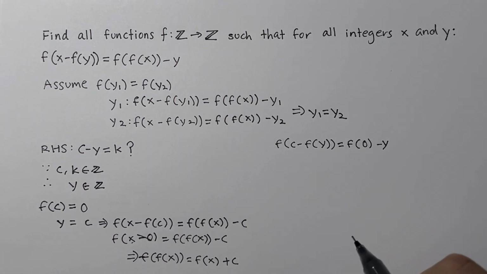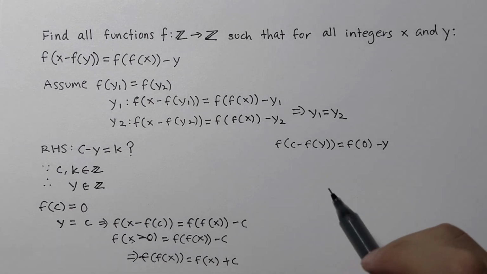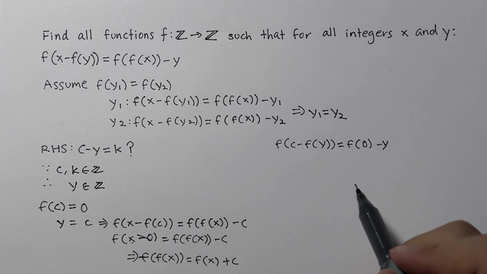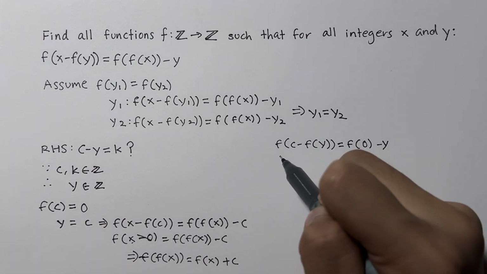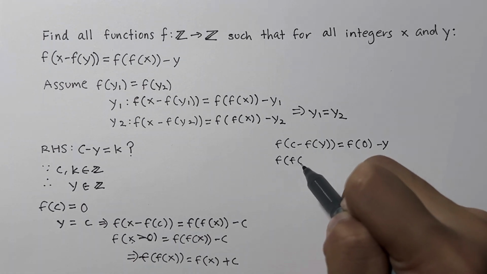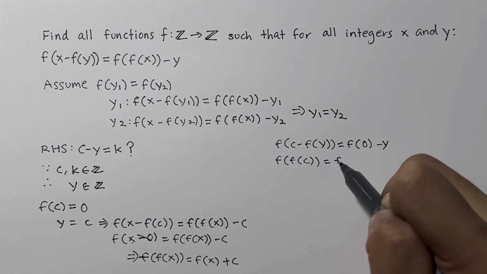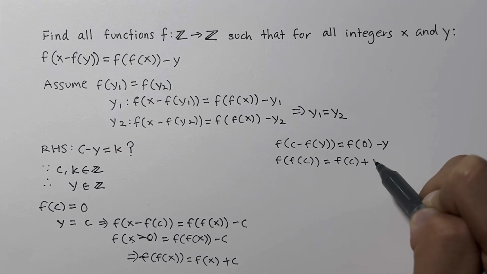But wait, we have a relationship between c and f of 0. Let's use our new rule, f of x equals f of x plus c, with x equals c. So we'll have f of c equals f of c plus c.